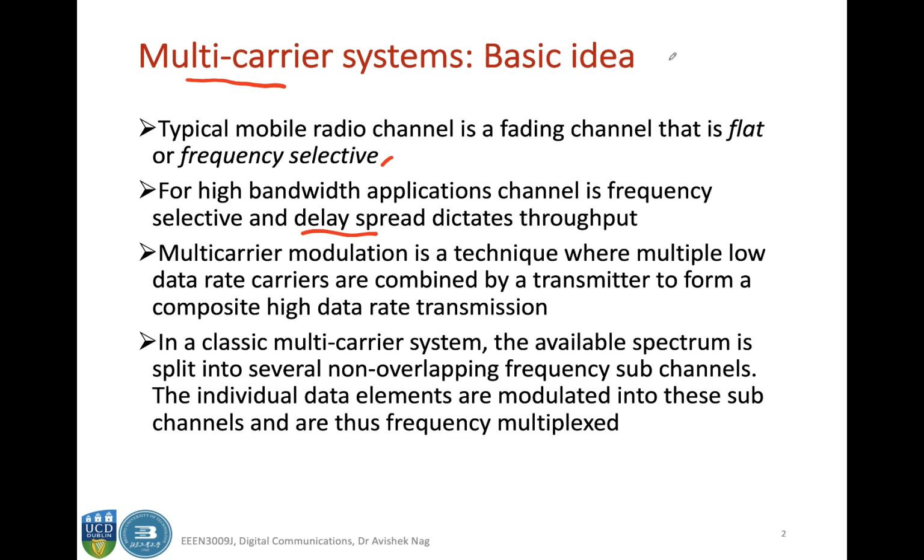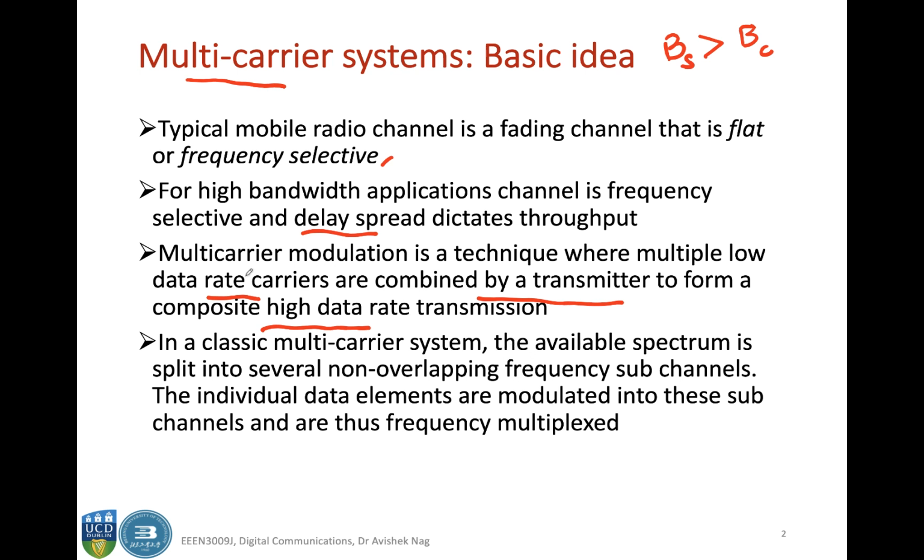If your signal bandwidth is higher than the channel coherence bandwidth, then there is a possibility of frequency selective fading. To mitigate that effect, multi-carrier modulation is used. This is a technique where multiple low data rate carriers are combined by a transmitter to form a composite high data rate transmission.